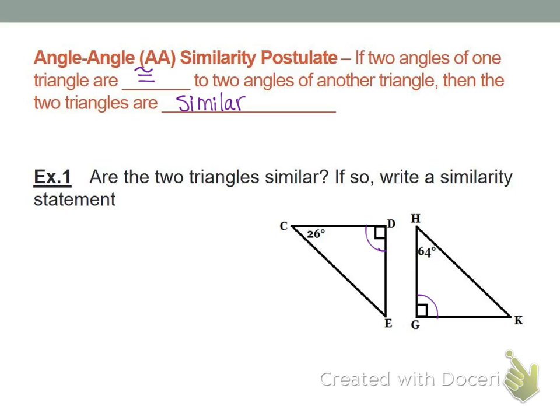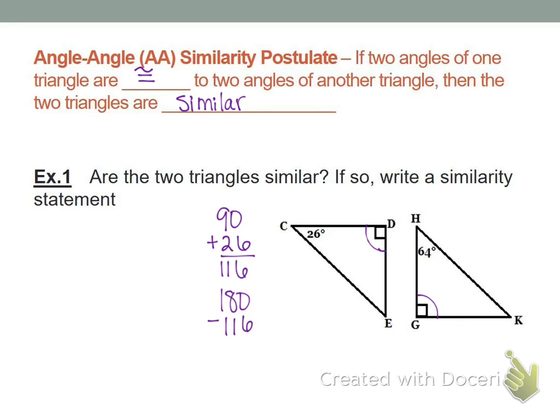26 and 64 certainly are not congruent, but we could figure out the measure of angle E. How could we do that? Good. Add the 2 angles you know. Subtract that from 180. So 90 plus 26 gives us 116.